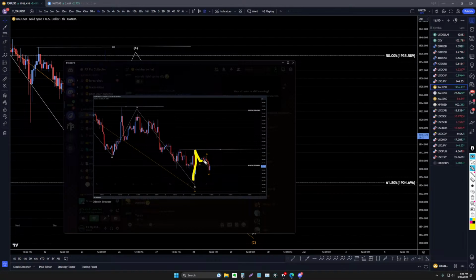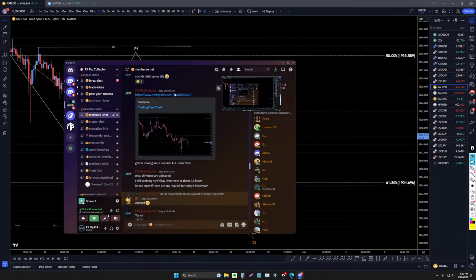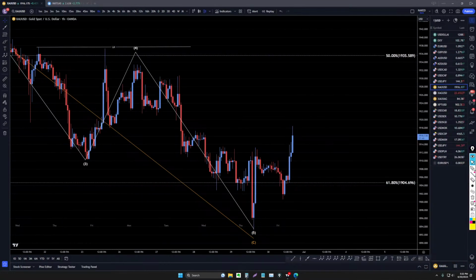Impulsive up, 1, 2, 3 waves down. If you entered long right there, when I posted this in the Discord group, we are now right here. So you would be so happy right now. Very, very, very profitable trade. I posted this at 10:51 this morning, so almost 4.5 hours ago, in the private members only area.